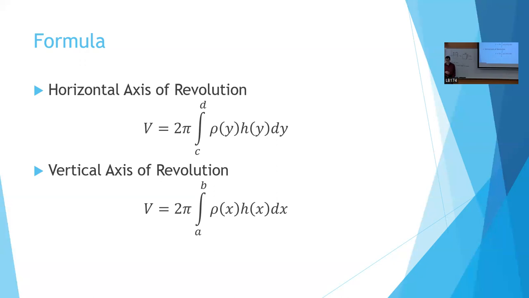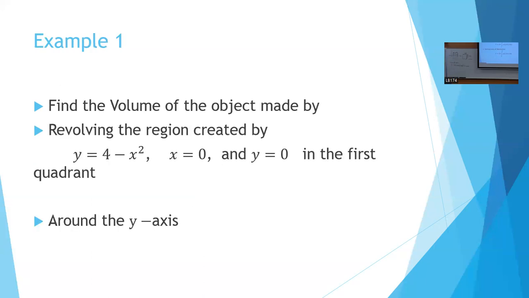So disk method, I have to draw the rectangles one way. Shell method, I draw the rectangles perpendicular to that. And so horizontal axis, now we integrate with respect to y. Vertical axis, now we integrate with respect to x.